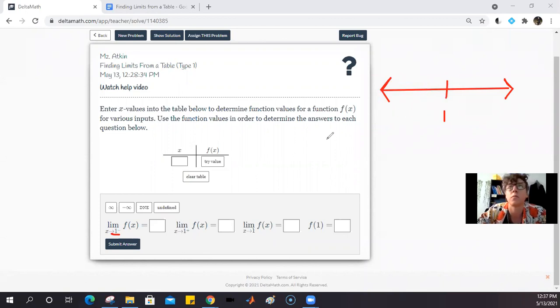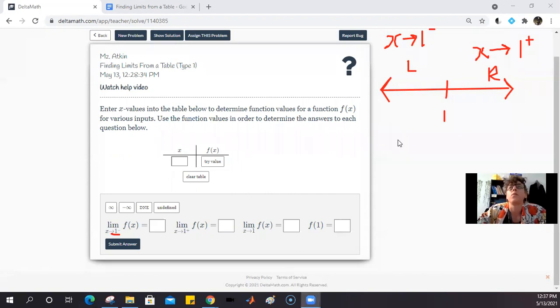So we want to plug in some numbers that are really close to 1, but less than 1. This is as x approaches 1 from the left, and this will be as x approaches 1 from the right. Left and right side.